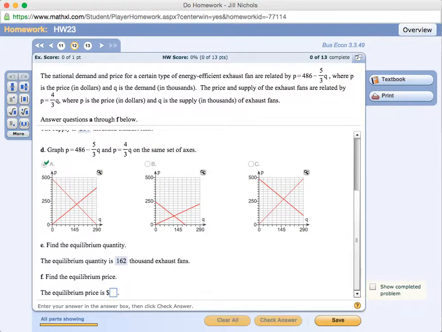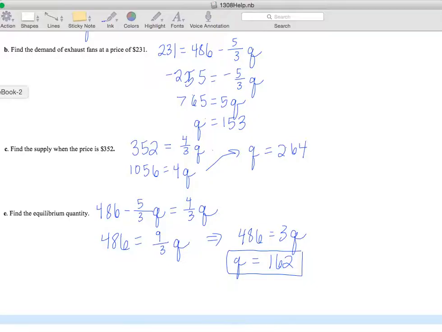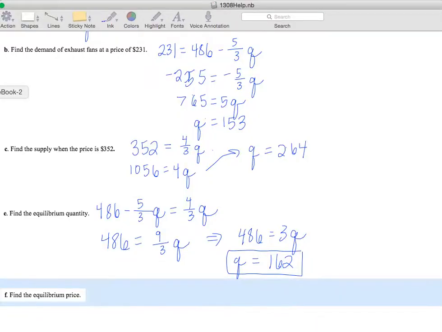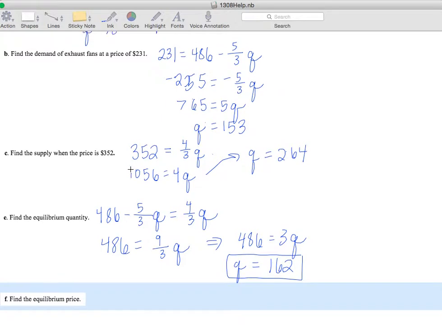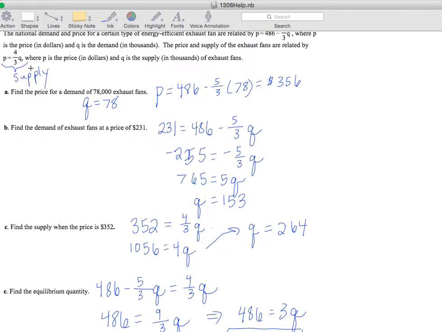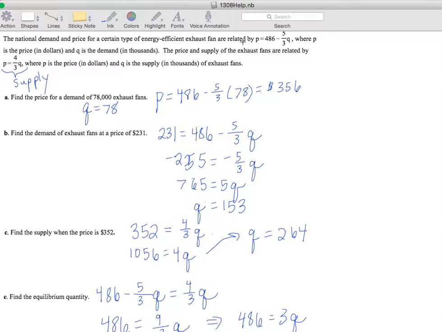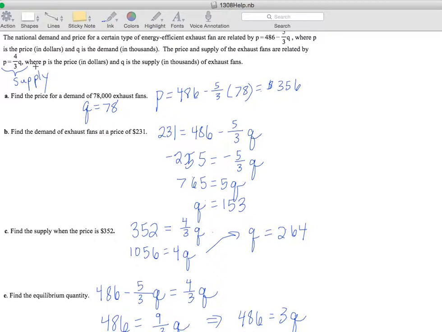And then the equilibrium price. Since they both have the same price at that equilibrium quantity, you can plug it into either the supply function or the demand function, either one. Supply looks simpler, so I'm going to go with that one.